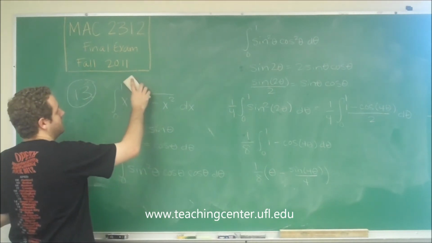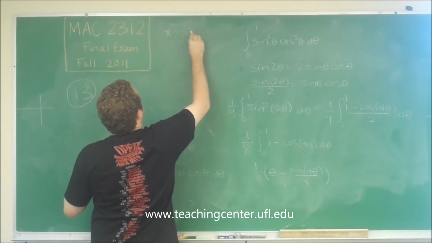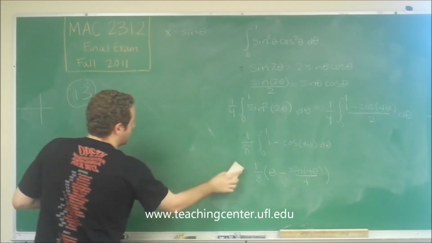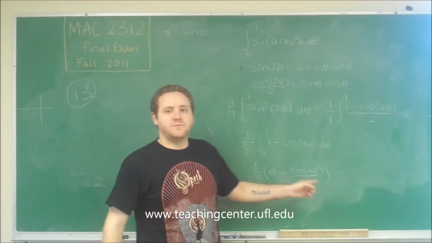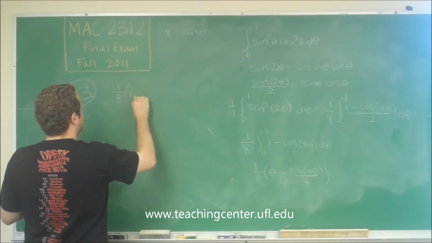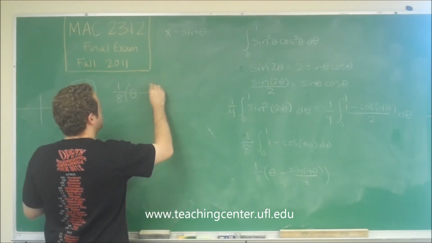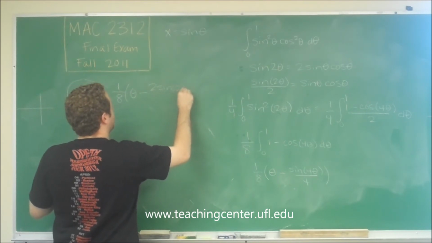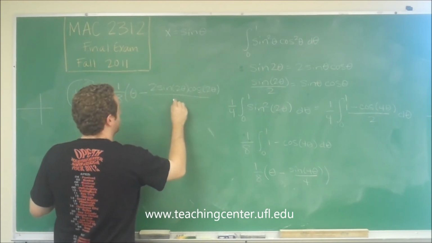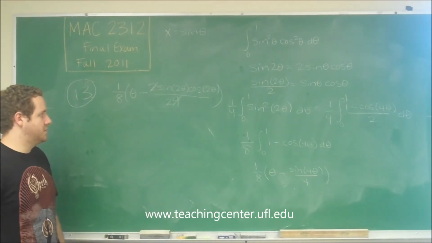Let me erase this one here, and let me keep our one substitution that we had for sure: x equals sine theta. When we have sine 4 theta, we can say that that is equal to 2 sine 2 theta cosine 2 theta. That's using the double angle formula for sine. And that is going to cancel that denominator to become 2.